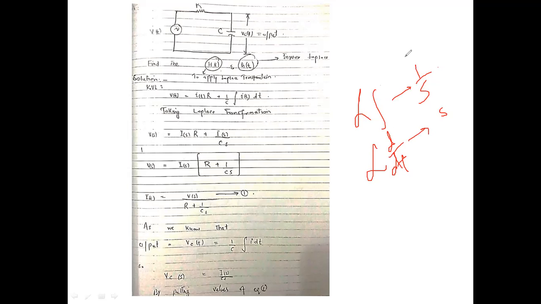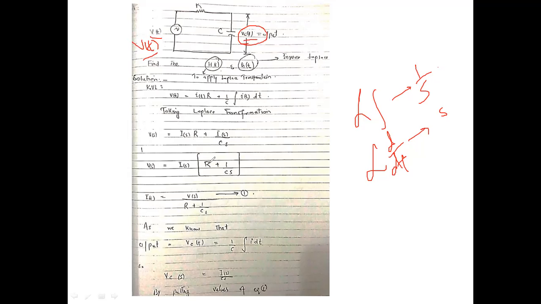Now the output is the voltage across the capacitor, and the input is this voltage, V of t. So this is input and this is the output.